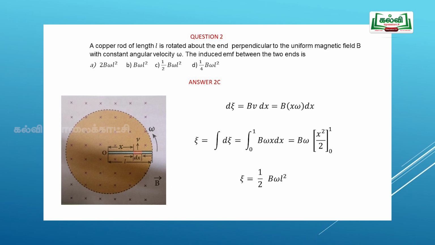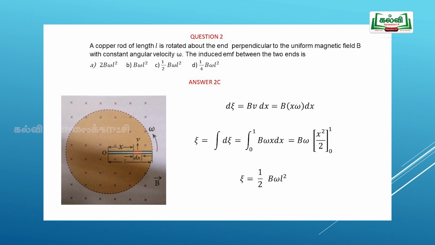You have learnt in your 11th standard v is equal to r omega, and whenever there is a rotational motion, omega will be same, as r changes, v changes. v is equal to r omega, omega is constant, as r increases, v also increases. That is why you consider a small tiny element here of the rod, dx, which is moving with a velocity v. Then for this portion, use that translatory motion formula here.